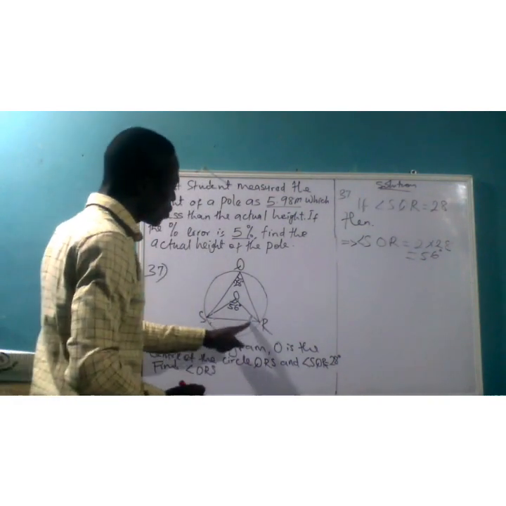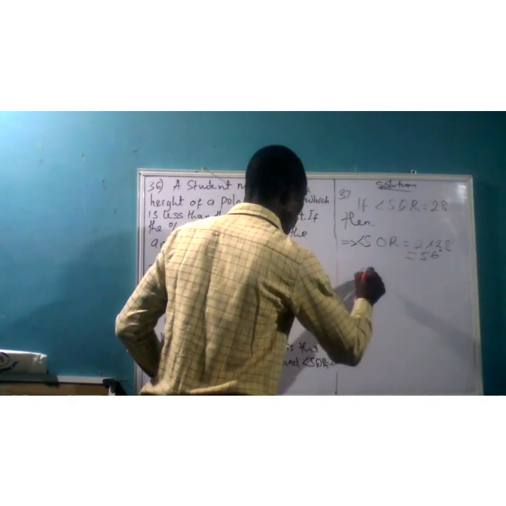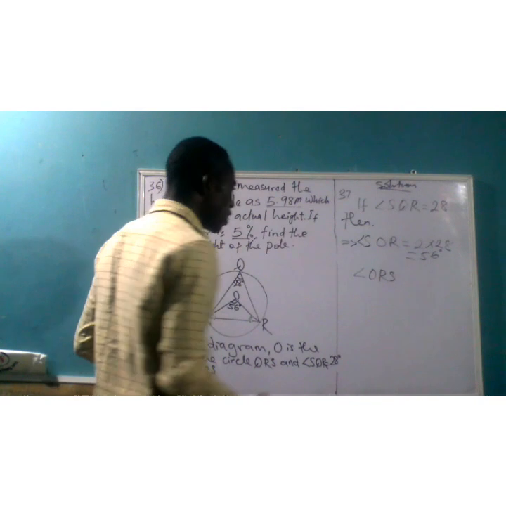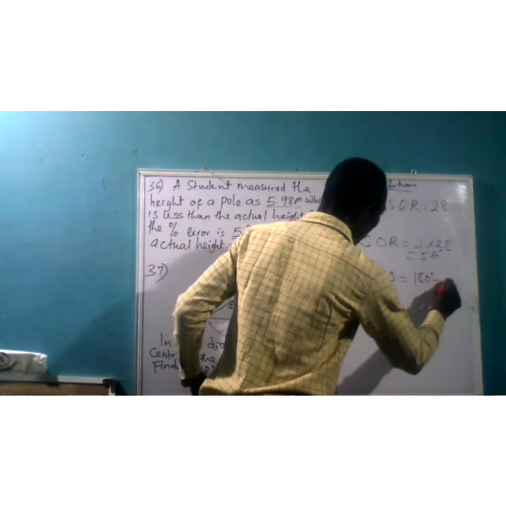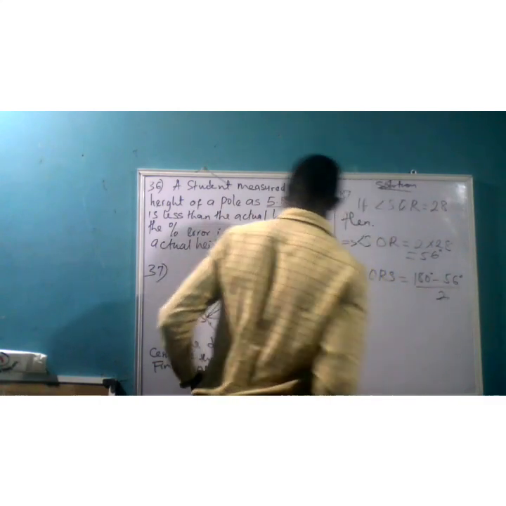So angle ORS at R is equal to 180 degrees minus 56 degrees, all over 2.